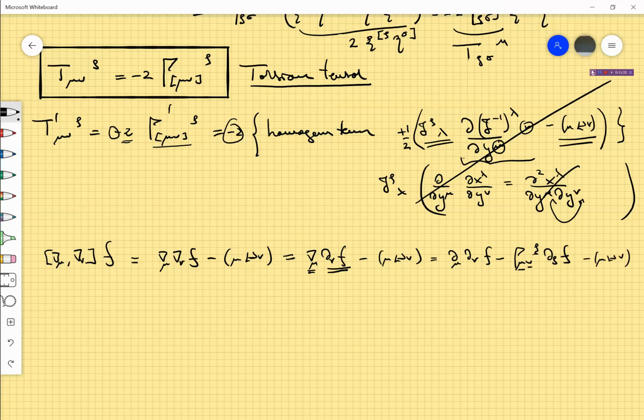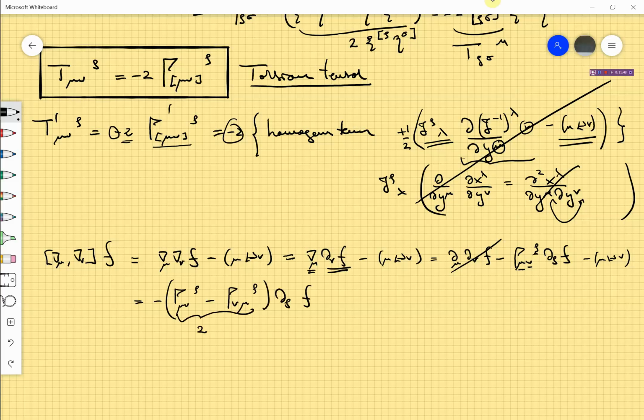But you see that because the two partial derivatives commute, this term will disappear, and you will get two terms like this. So minus gamma mu nu rho partial rho f minus gamma nu mu rho partial rho f, with a common factor partial rho f.